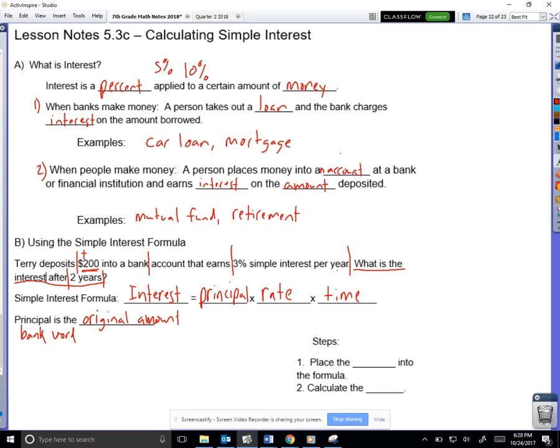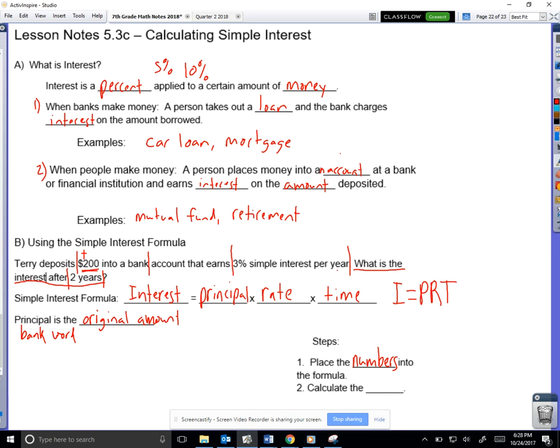Let's calculate what the interest is, what Terry's going to make in this situation. Number one, all you do is place the numbers into the formula. To make that formula shorter, it is just I, which stands for interest, equals principal times rate times time.